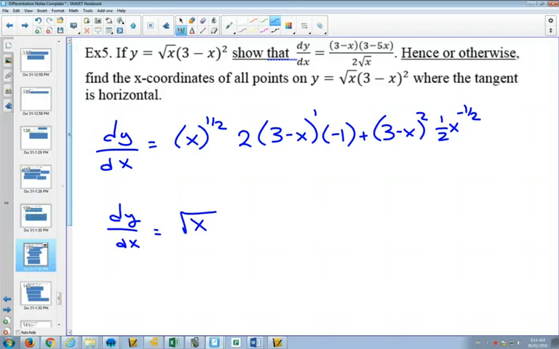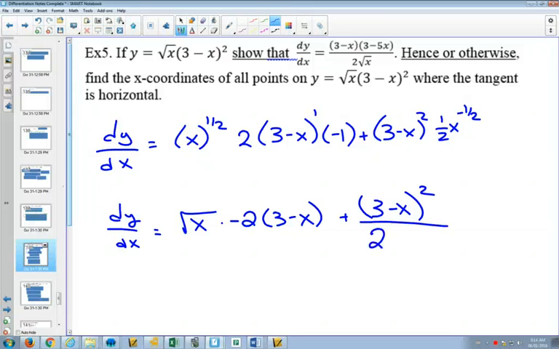I'm going to simplify this: it is going to be times negative 2, 3 minus x, plus 3 minus x squared over, because that's a half, the 2 would be on the bottom, and x to the negative 1/2 would be 2 square root of x on the bottom. So the nice thing now is in my second term, I have that 2 root x on the bottom. But in my first term, I can think of this as all being over 1.